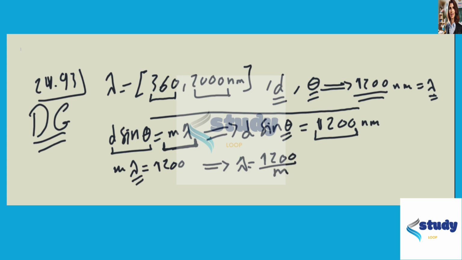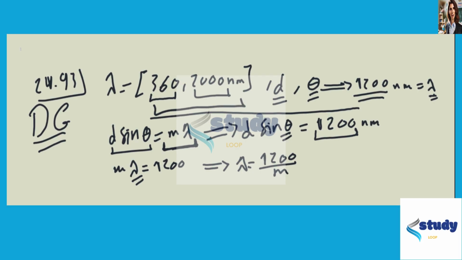We're going to replace m with other values. For m equal to 1, we reproduce 1200, which is what we already have. I'm going to continuously substitute other values of m to see if we can find other lambdas that are inside our range here.